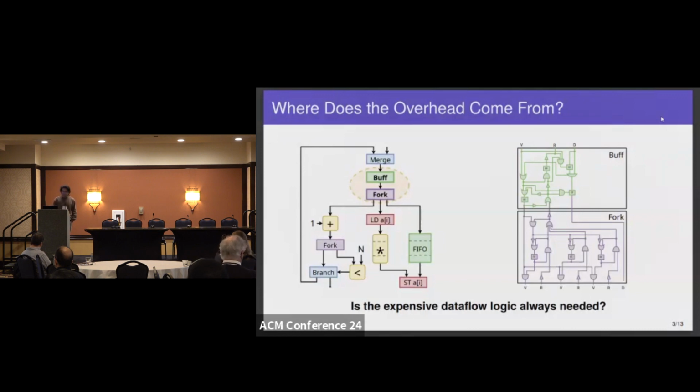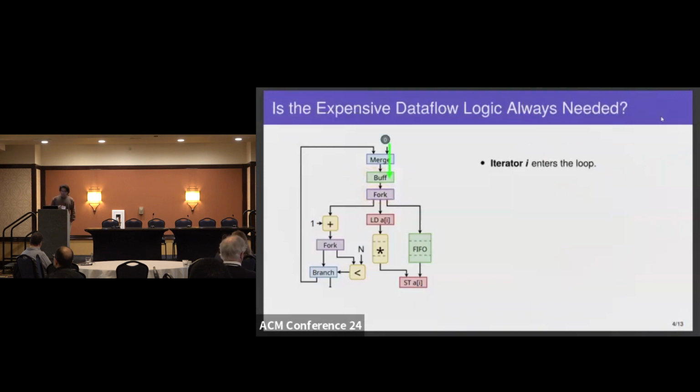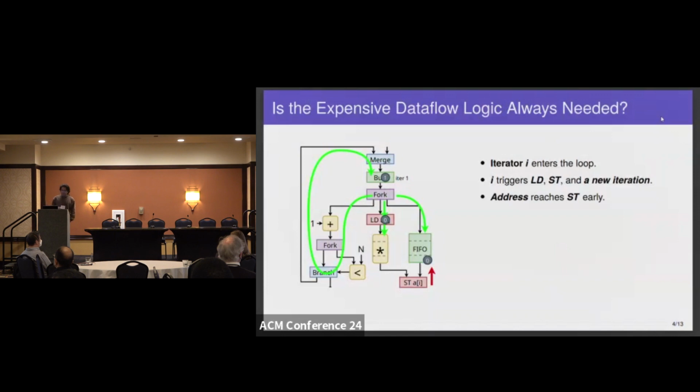Let's start to get some intuition by simulating our circuit. So we trigger the execution of the circuit by injecting an iterator token into a loop. In each iteration, the iterator token is used to trigger a load operation, a store operation, and also a new iteration. Since we have a difference in terms of propagation time in different paths, the address reaches the store operation early.